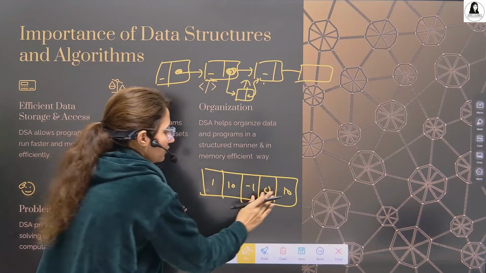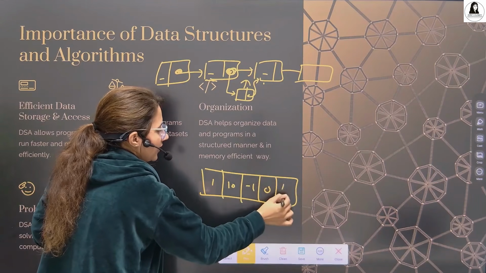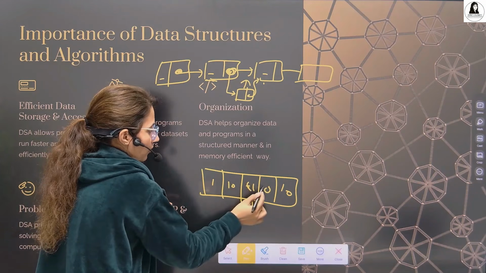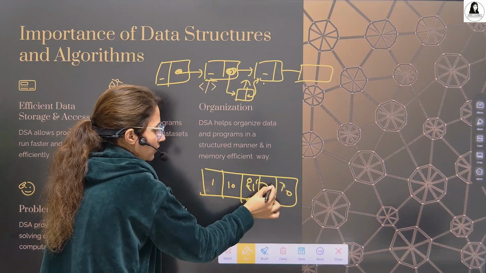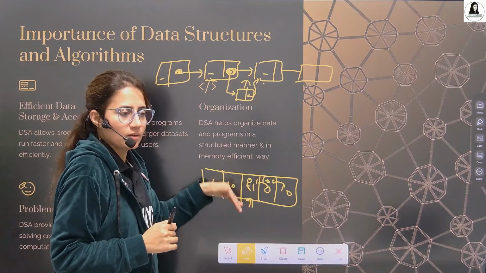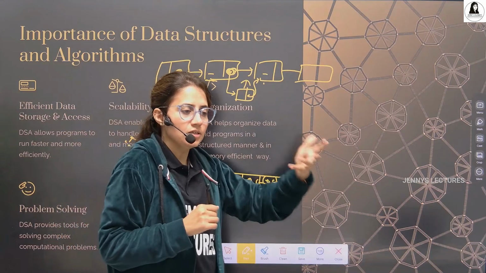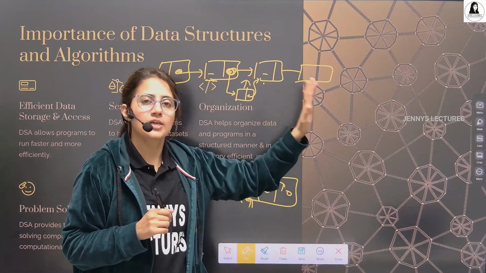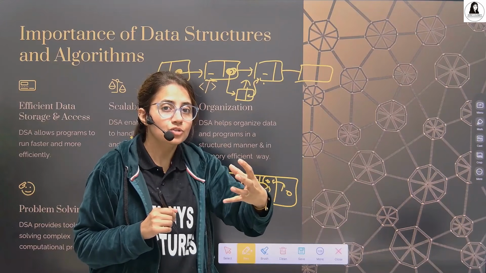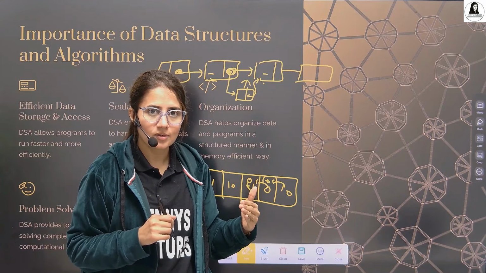But suppose I want to insert something, or delete the data -1. To delete it, you have to move the rest: here we have 0, here we have 10. So it's really complicated. When you frequently need insertion and deletion in your data, use a linked list. So according to your need, choose the right data structure. That's very important.